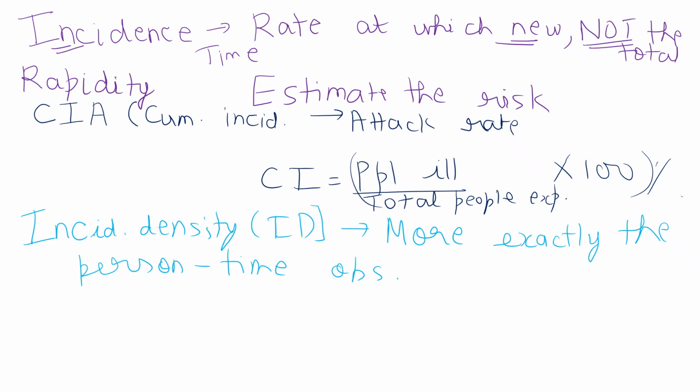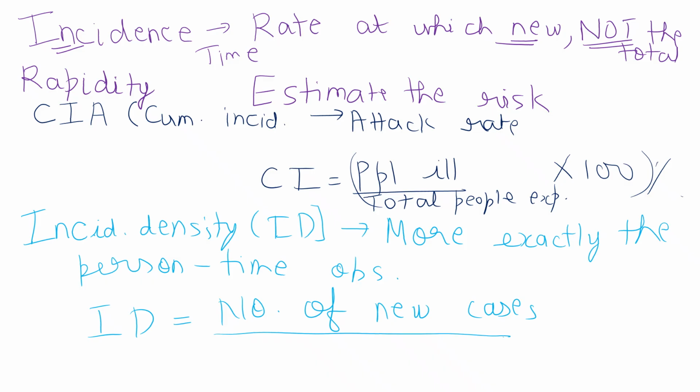And the formula for incidence density is number of new cases upon total person time of observation. Total person time of observation. This is the formula. Okay.